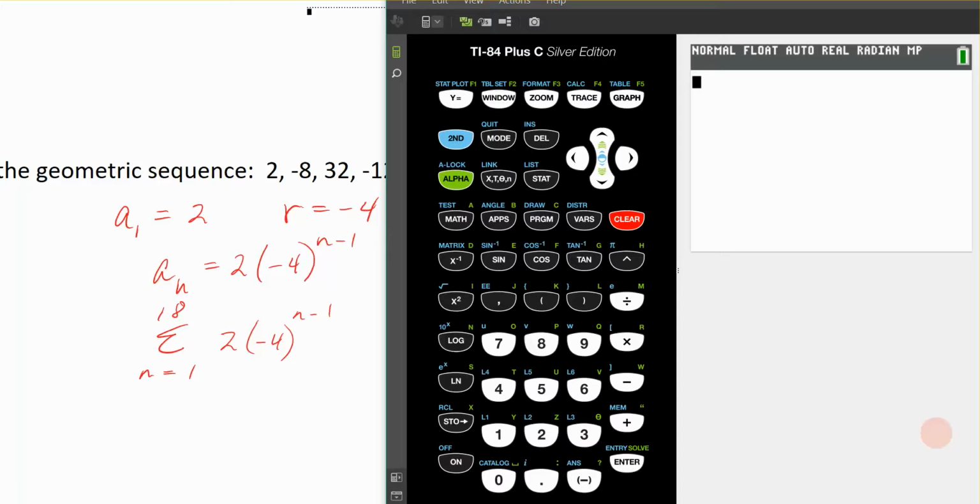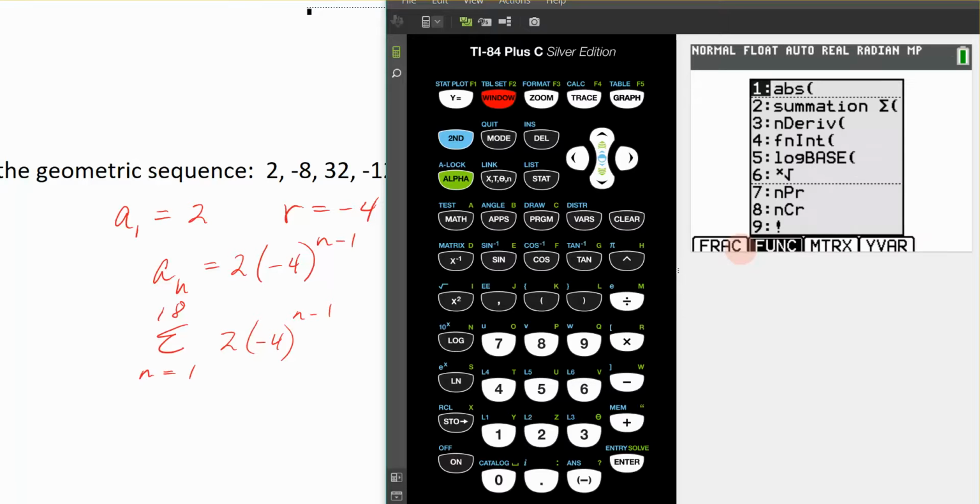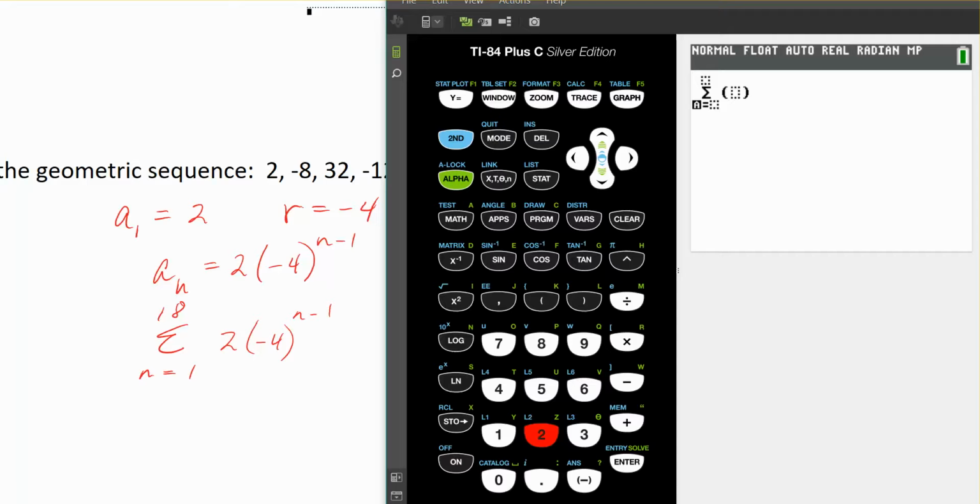I want to find out what the sum is, so I take alpha F2, choose option number 2, and I'm going to put x from 1 to 18 of the sequence 2 times, let's do a parentheses, negative 4 raised to the x minus 1 power, and hit enter.